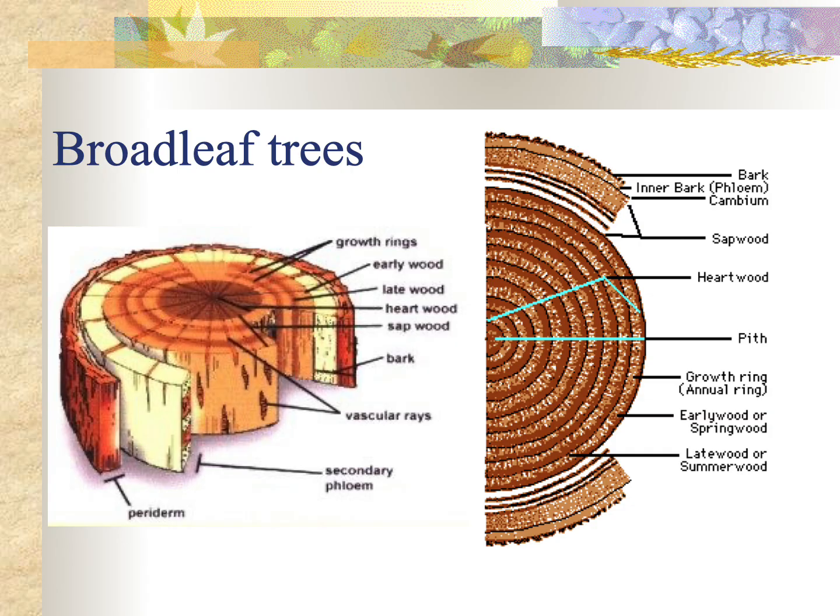Often it's compressed because the cells compact, and that's surrounded by secondary xylem, which is the sapwood, which has live cells that are conducting water. Then you'll have the vascular cambium, then the phloem, then the cork cambium, and the bark.